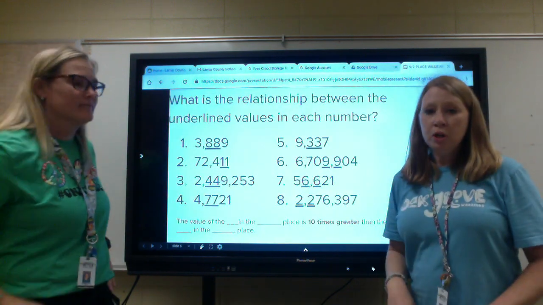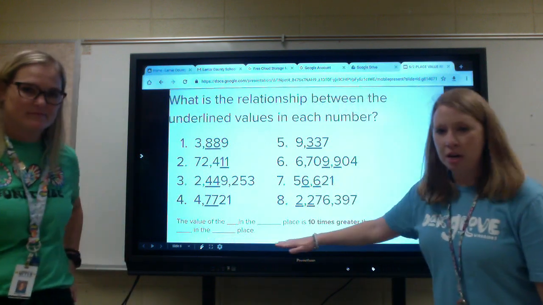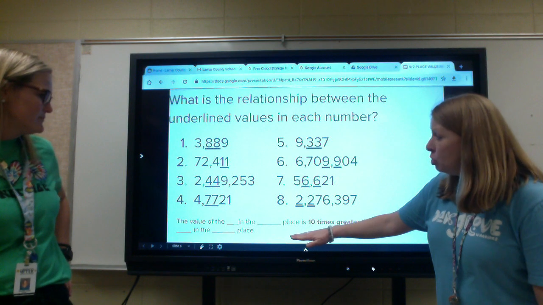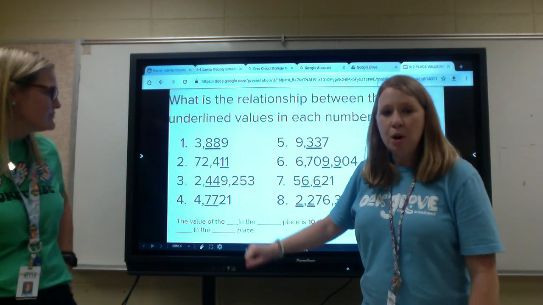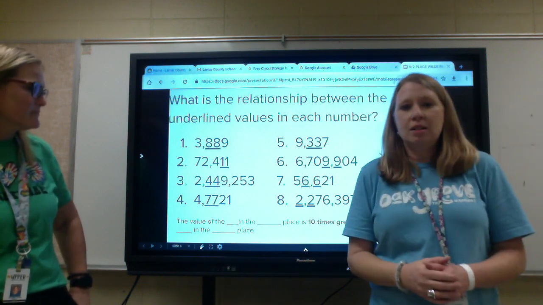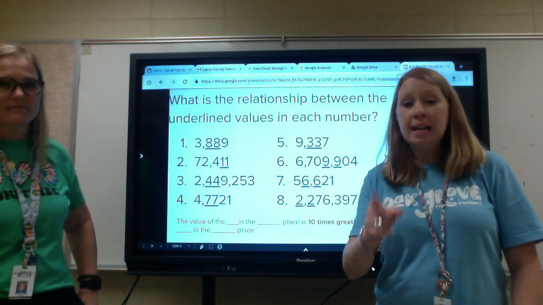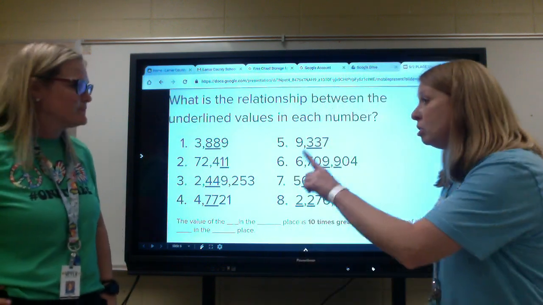Now, what we want you to do is use this sentence right down here. Look at each of our underlined digits, use this sentence, and say that sentence to someone at your house and teach them about place value relationships. So let's do one example.